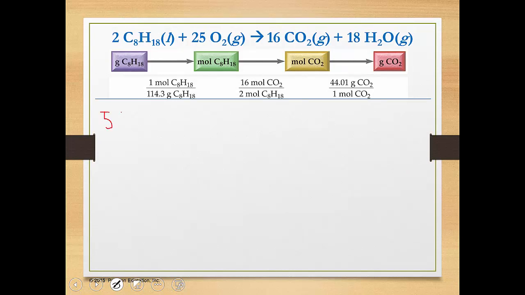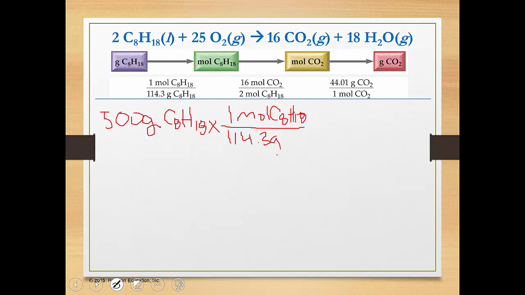Okay, so we had the 500 grams of C8H18, and hopefully you can write smaller than I can, or you're going to be using lots of lines in your paper. 1 mole C8H18 to 114.3 grams, and I'm going to leave the species off that one. 16 moles to 2 moles of CO2 to C8H18. Okay, so the grams have canceled out.